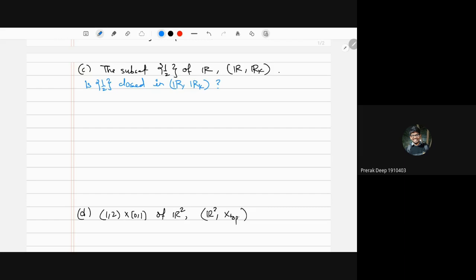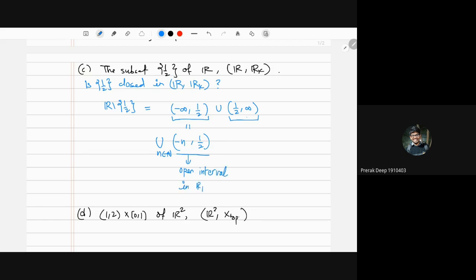So it is also closed, because the complement of {1/2} is nothing but (minus infinity, 1/2) union (1/2, infinity), right? So it is a union of these two sets, and each of these sets is open in R_K. Why? Because you can write both of them as a union of open intervals. This is an open interval, this is an open interval in the R_K topology.